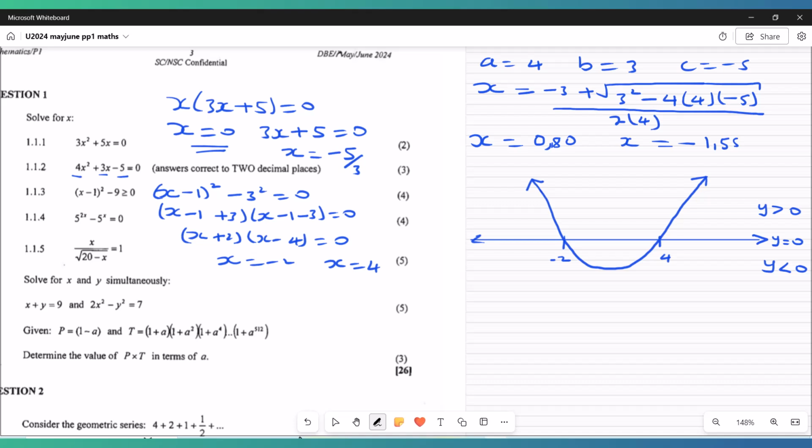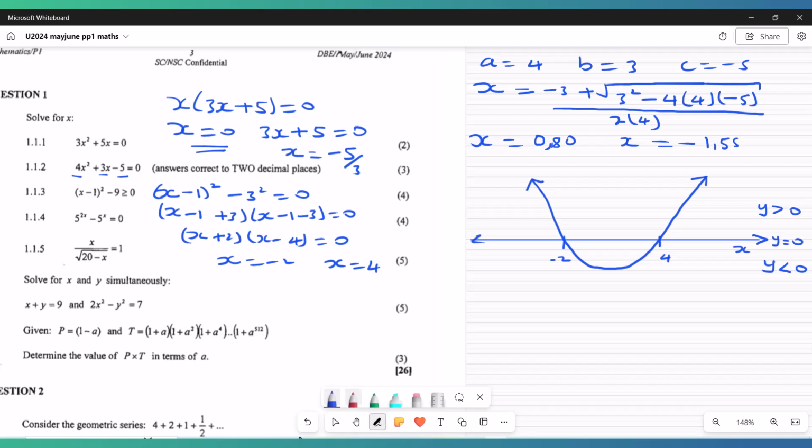So now check what the question wants. It says greater or equal to 0, which means, note this is the x-axis, we are looking for the x values on this x-axis where it is above the x-axis. Let me use a different color here.